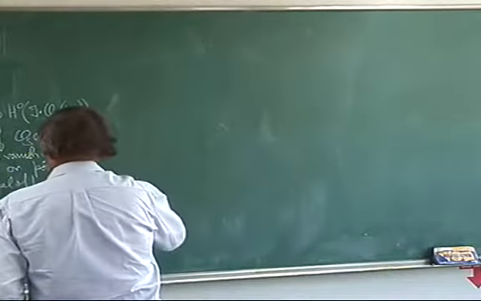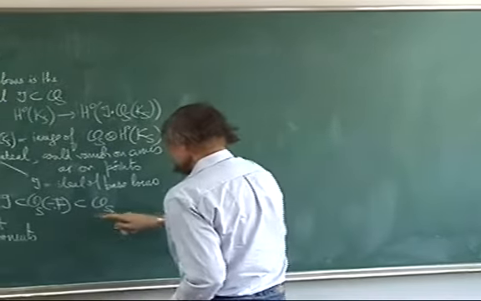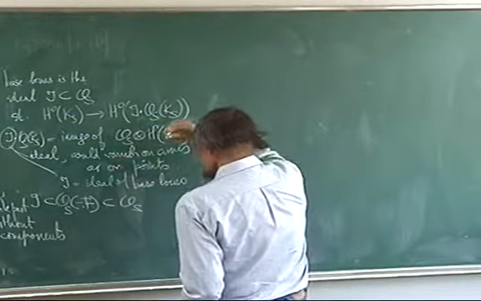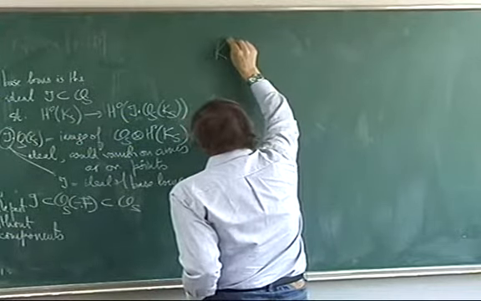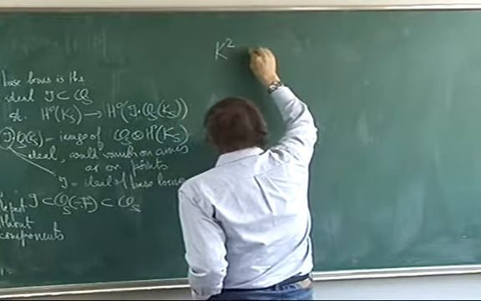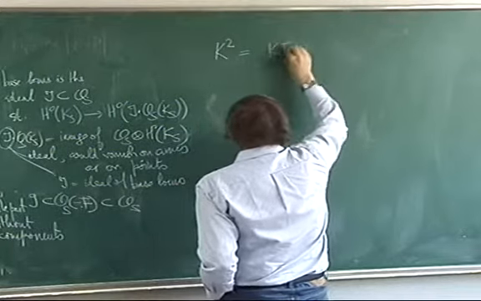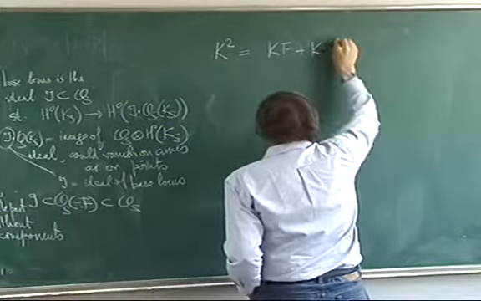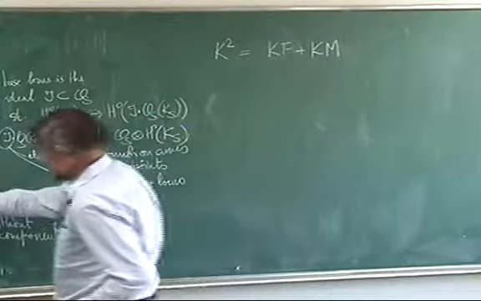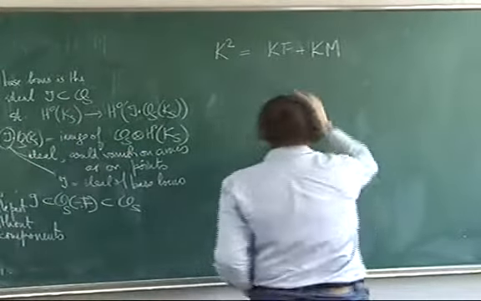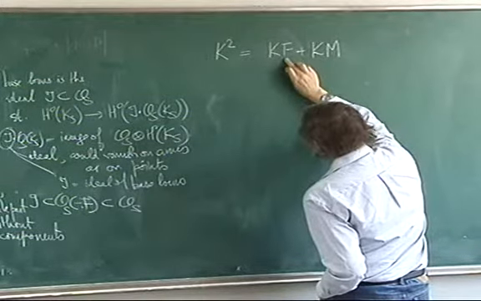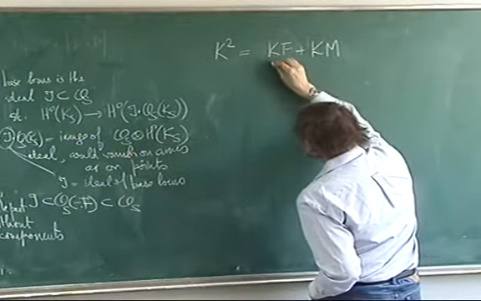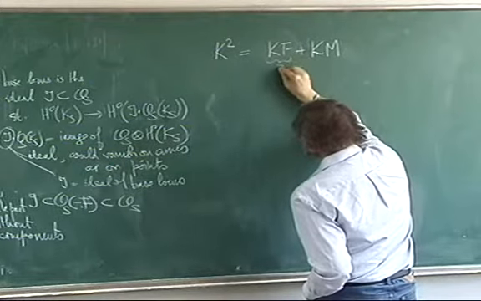So what's the idea? What do I want to say here? First of all, I want to say that K squared is equal to K.F plus K.M. So I'm hoping this F is 0, but at least F is an effective divisor, and K is nef, and so this guy here is greater than or equal to 0.